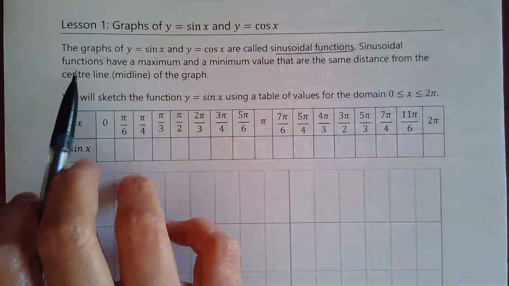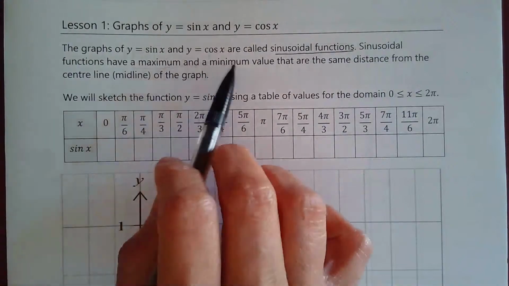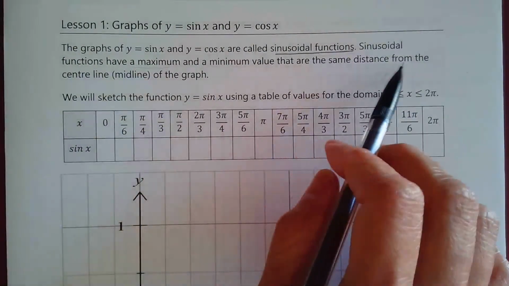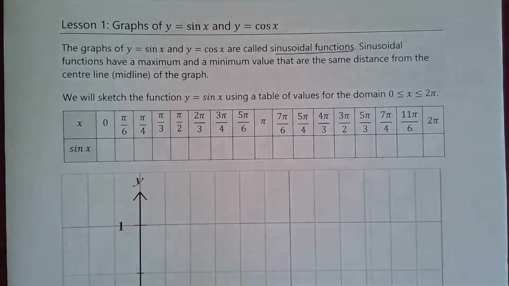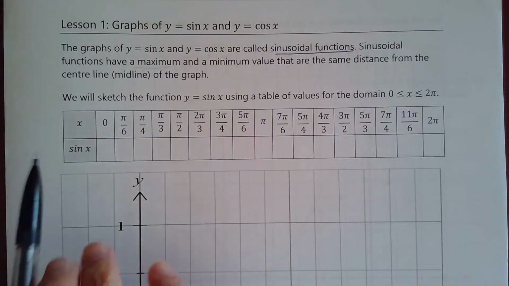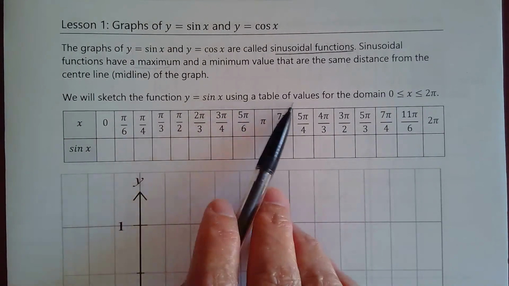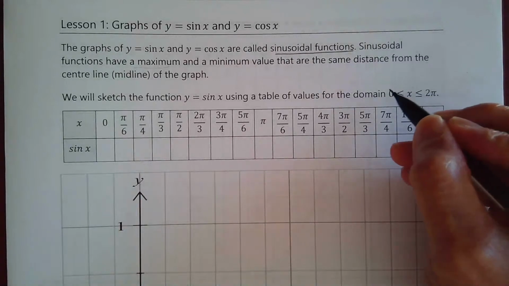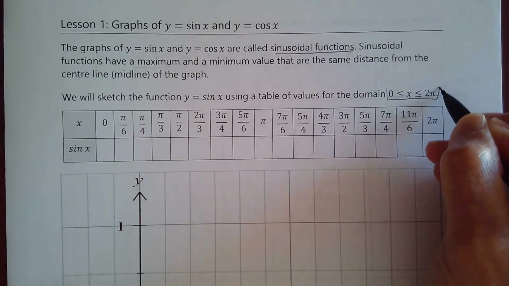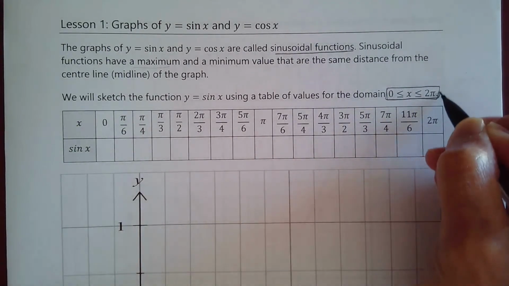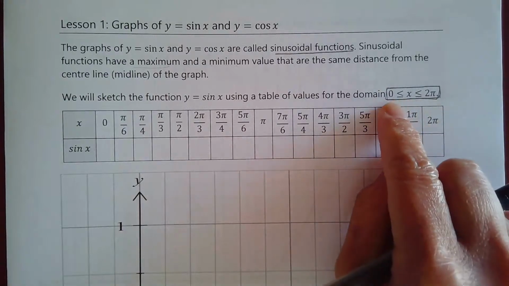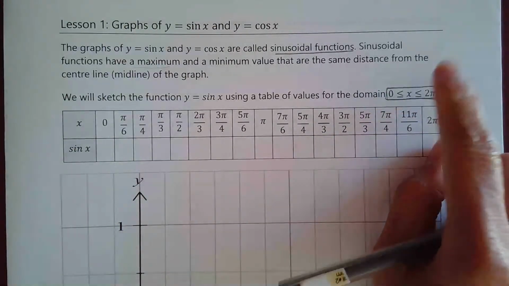It has a maximum and a minimum value that are the same distance from the center line, or midline, of the graph. We will sketch the function y equals sine of x using a table of values over the domain of 0 to 2 pi. So we're limiting our domain from 0 to 2 pi.